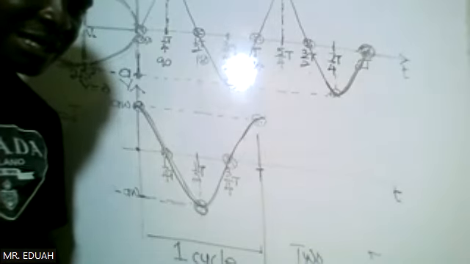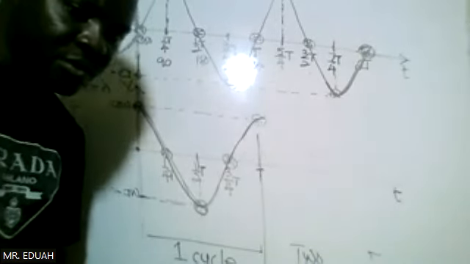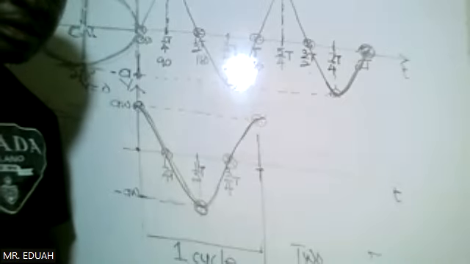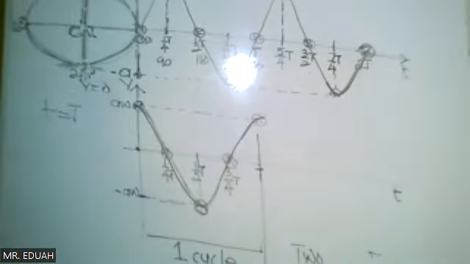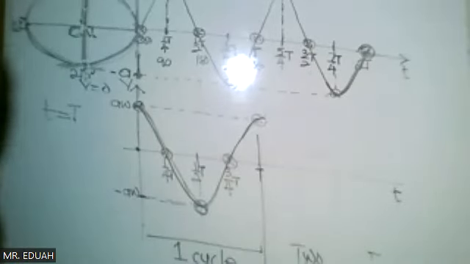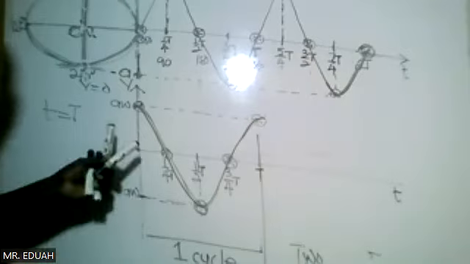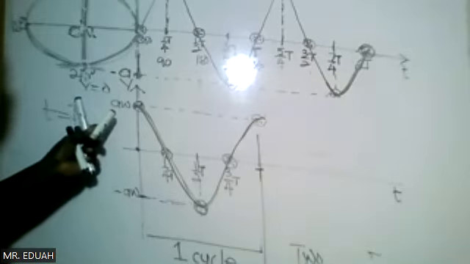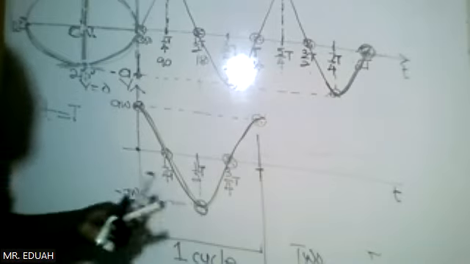Is it for velocity only? Yes. You are writing the velocity function of a body doing simple harmonic motion for 3 cycles. I've done the first one for you.